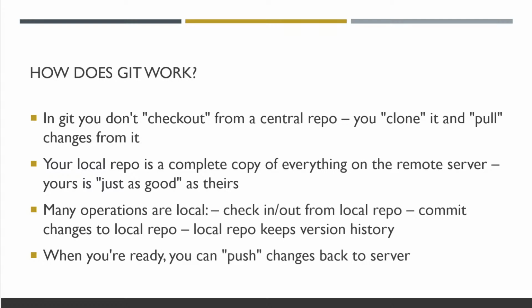Git doesn't work like that. With Git, again, you have your own clone of the code, and you pull the changes from your repository. Again, that'll be something that we do next week as we get more into GitHub. Everybody that makes a copy from the remote server has a copy that is just as good as anybody else's.